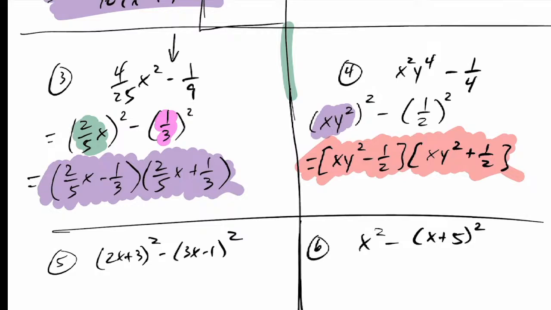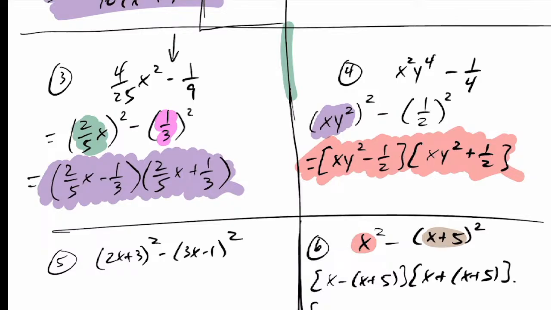But Dalal, since you're working on 6, I can jump to 6. This is my x, and this is my y. So it's going to be x minus y times x plus y. So this will be x.